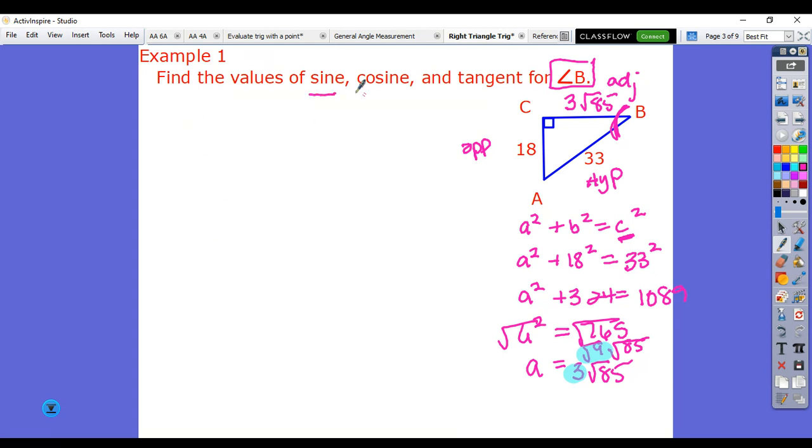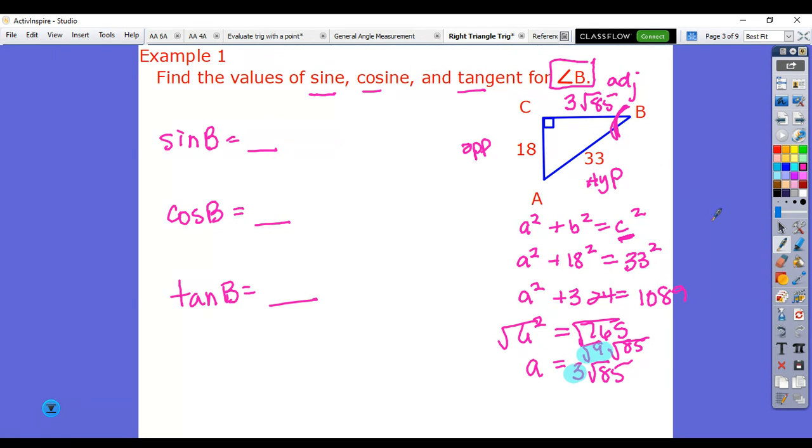So we want sine, cosine, and tangent of angle B. So what's really important is that you write sine B, cosine B. If you don't have the B, it's not right. It's really important that you include which angle you're talking about, because if it's a different angle, it's a different answer. So the B is really important.